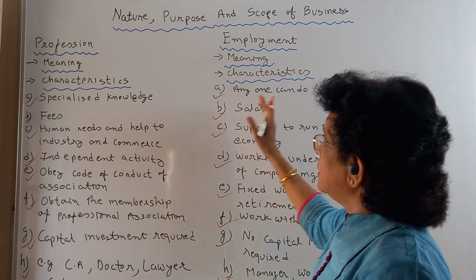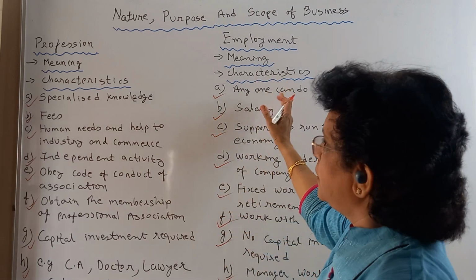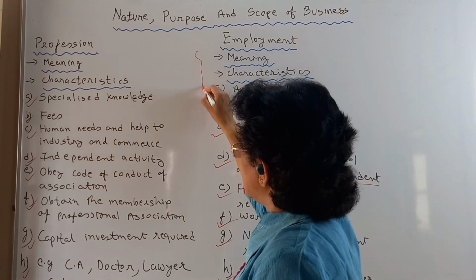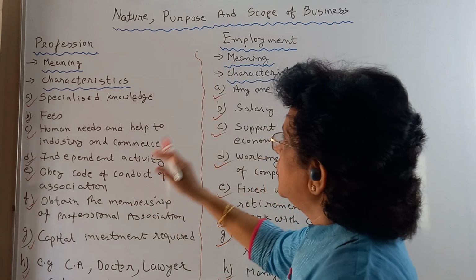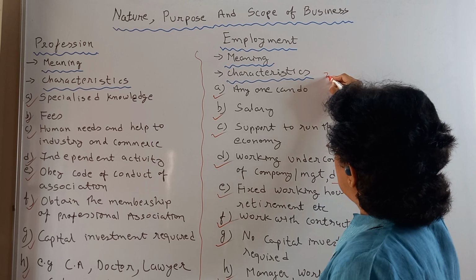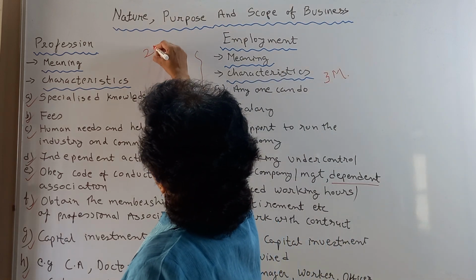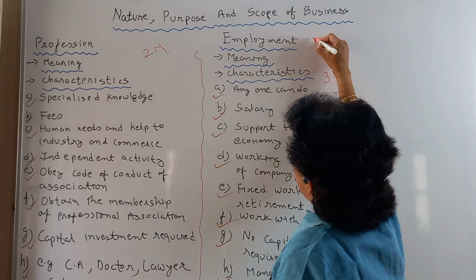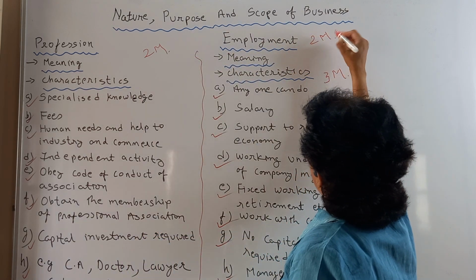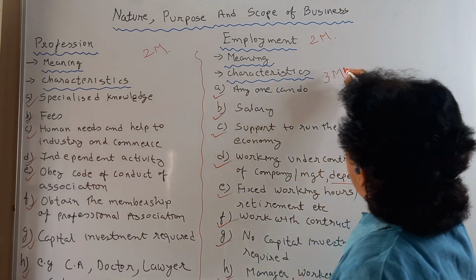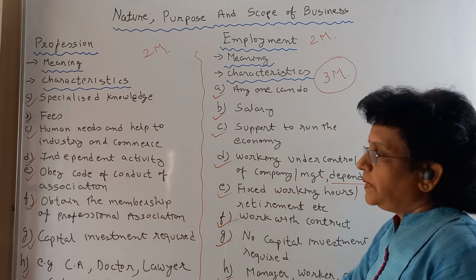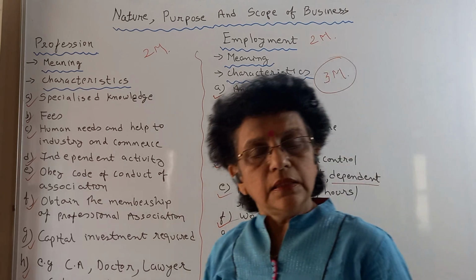See, the two characteristics of a profession and employment, if asked in the form of a difference, your difference question of 3 marks is also ready. It may be asked what is profession as a 2 mark question. It may be asked what is employment as a 2 mark question, and what is the difference between these two may be asked in a discussion as a 3 mark question.